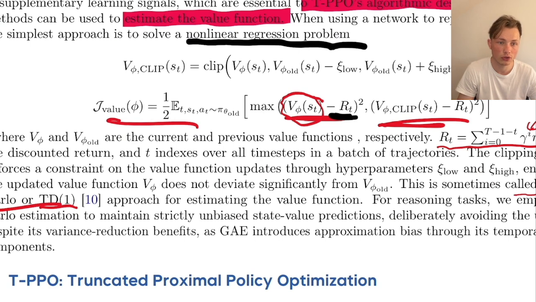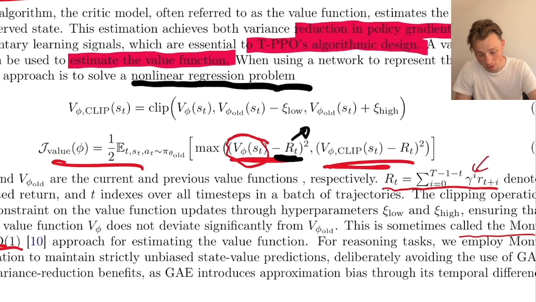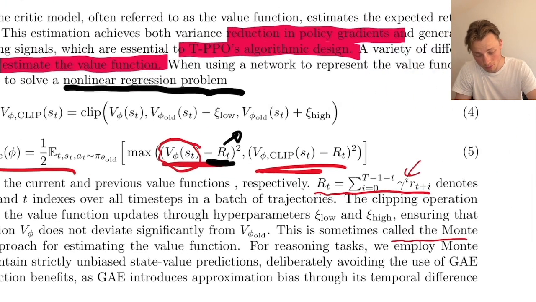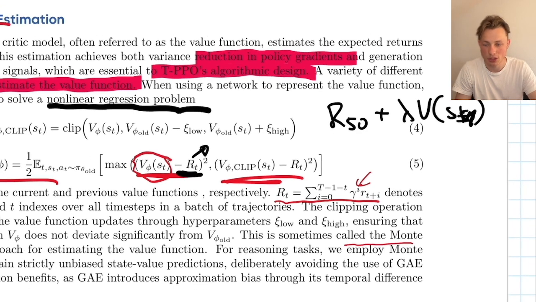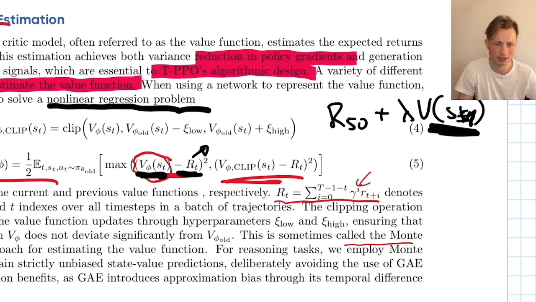Otherwise, if we would also do a prediction here, so let's say we are just making 50 steps, so the R of 50, the reward we got after 50 steps, plus the prediction of what we get at state 50 or 51, then if we change this value function here, we would also change our target, and then it's similar to DQN, where we also have this problem.